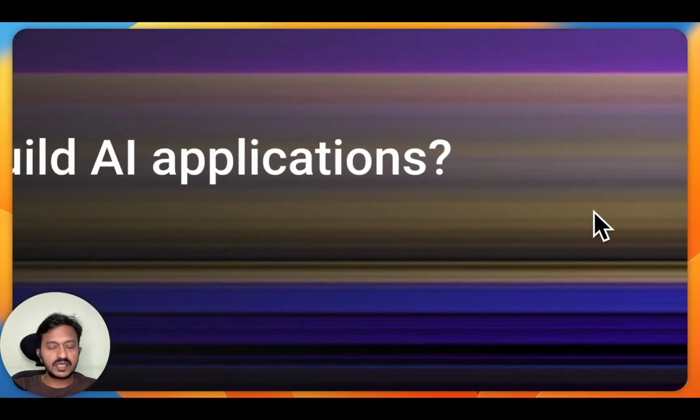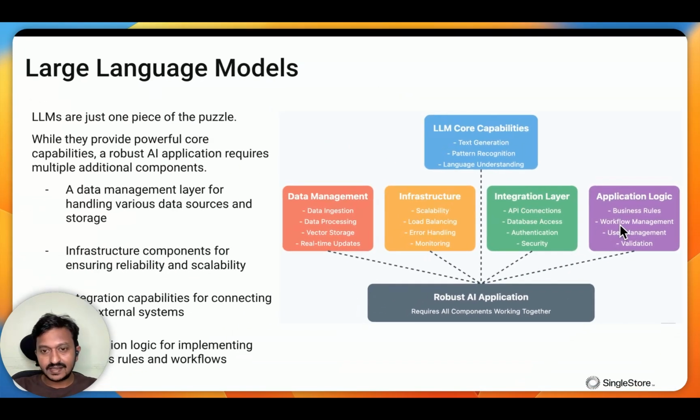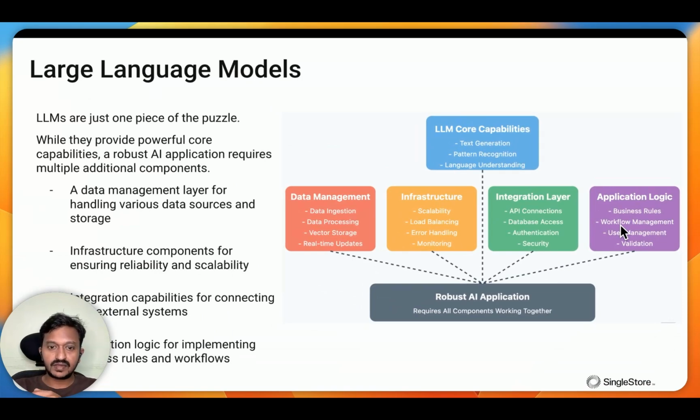So are LLMs just enough to build AI applications then? It's actually not. LLMs are just one piece of the puzzle, as you can see in the image. There are other things that need to be taken care of, like data management when it comes to data ingestion, data processing, vector storage, connection, integration, infrastructure management, integration layer, application logic.